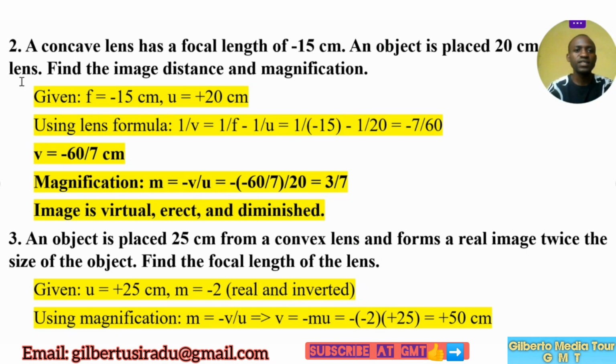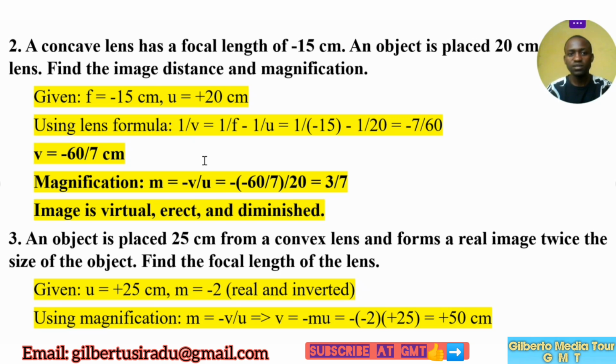The focal length is -15 centimeters and the object distance is positive, 20 centimeters. The equation is the same, but when we substitute the values, we see the image distance is negative. It means that the image is a virtual image.